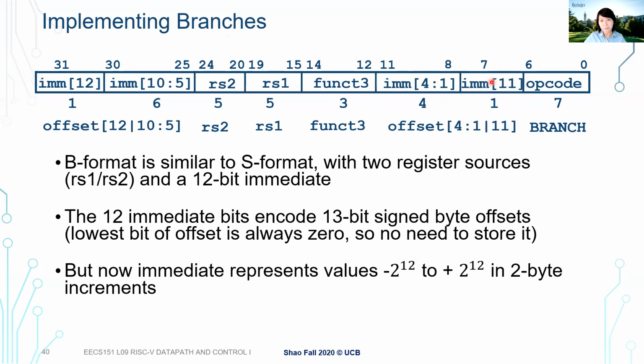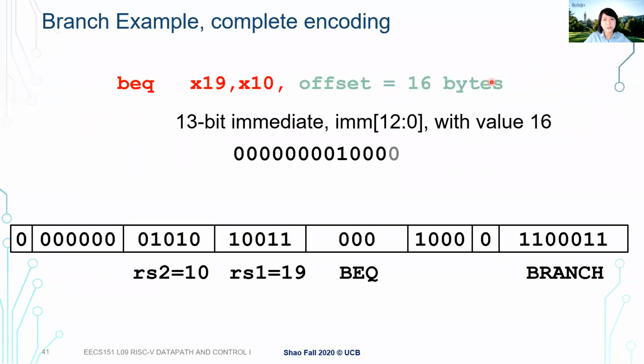It may seem a little confusing, seeing how these different bit fields get scrambled together, so let's use an example. Recall our branch equal instruction with 2 registers and an offset. We compare the values of the 2 registers, X10 and X19, so we use RS1 and RS2 to specify 19 and 10.